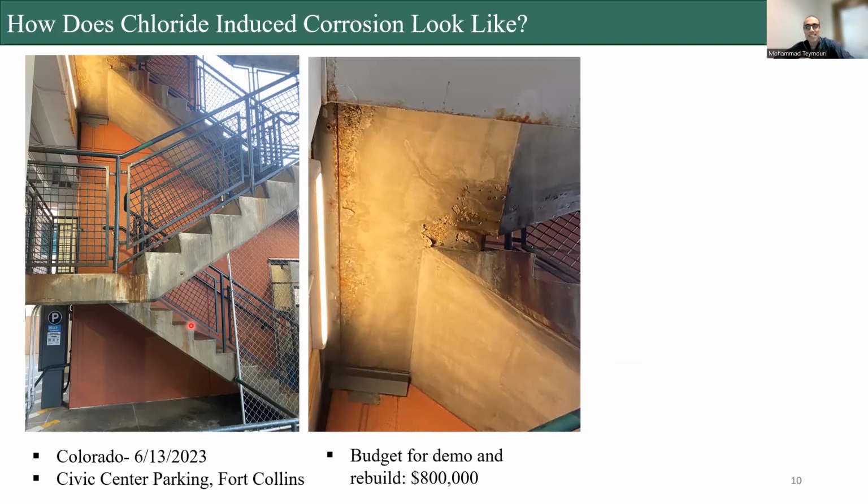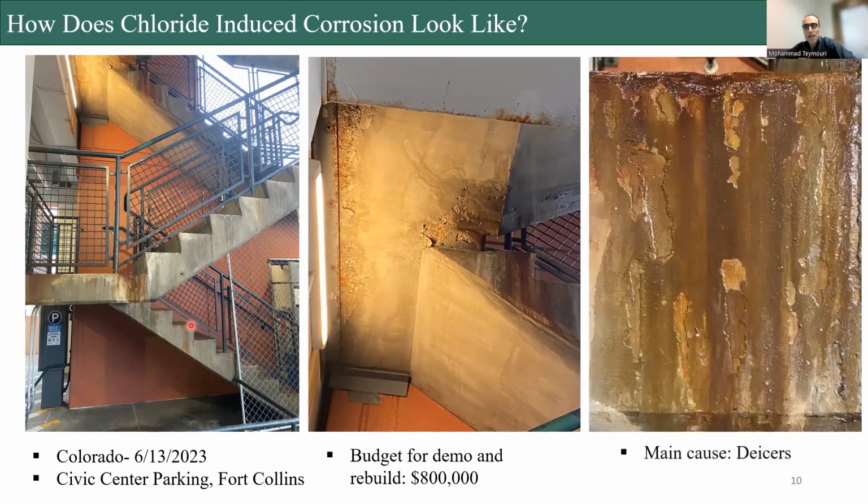And it's interesting enough when you go to the city and ask why did you select this de-icer? They said we don't have money to conduct research about the different types of de-icers that we're using, but right now they have to rebuild because of the corrosion. And the main cause based on their investigations is the de-icer.